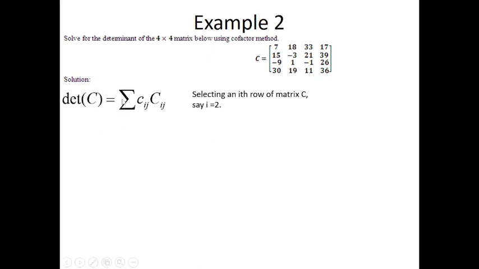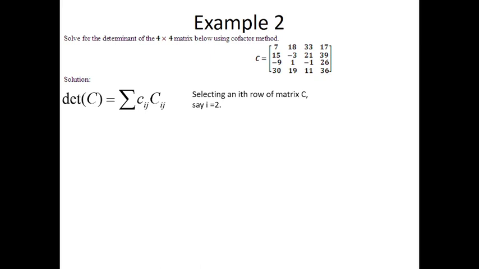Then summation aij, Aij. So anong tawag sa cij na to? At anong tawag sa malaking C? Do you still remember? So yung C na malaki, cofactor, no? Okay? So yung C na maliit, element yan at the ith row and jth column.